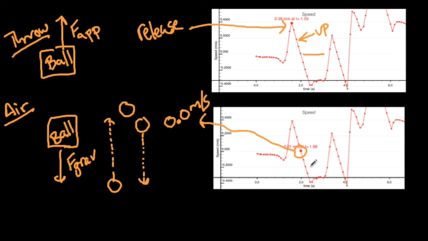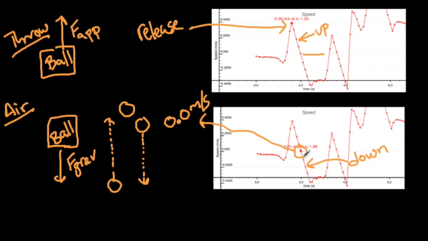But we see that in an interesting way here, and this is a great way to work on some graphs with your students. This is when the ball is going down. The slope is still negative, just like up here. Up here, a negative slope on the positive side means it's slowing down.